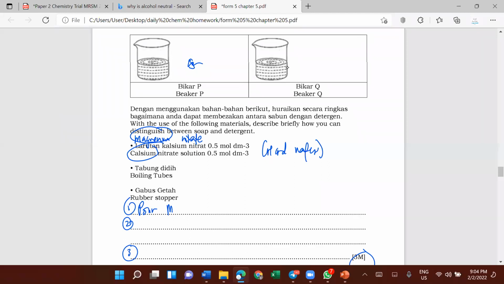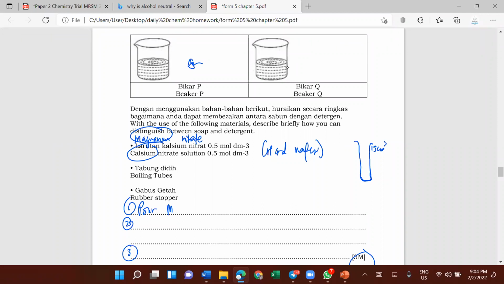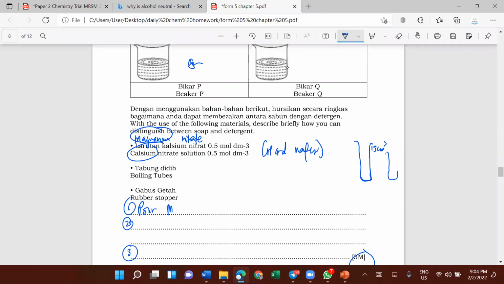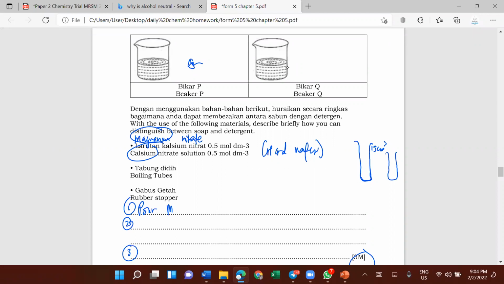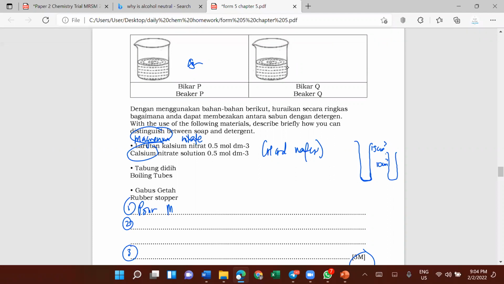This is your boiling tube. Boiling tube and test tube are different. A boiling tube is slightly bigger, so your max is about 12 to 15 cubic centimeters. A test tube is slightly smaller, so let's say 10 cubic centimeters. Here we're using boiling tubes, so you have to remember the amount must be appropriate.